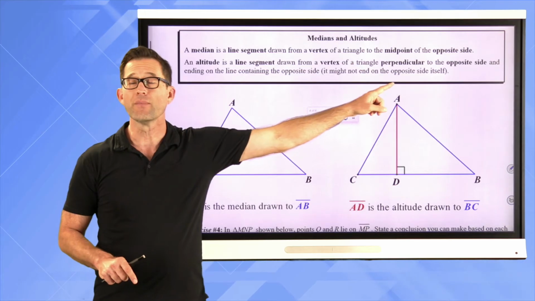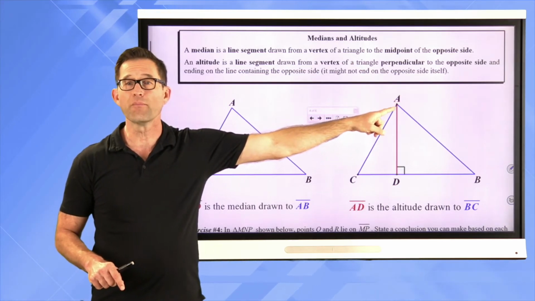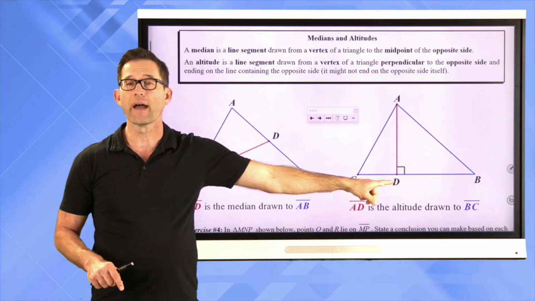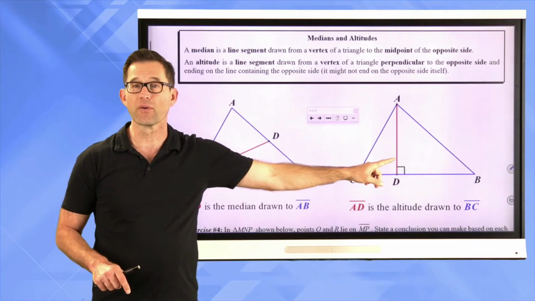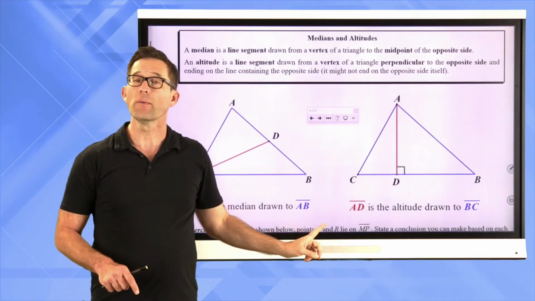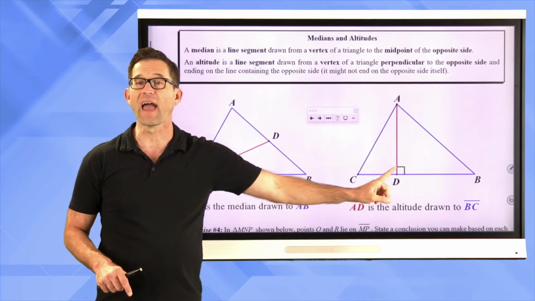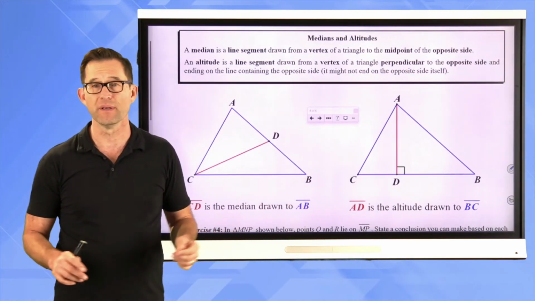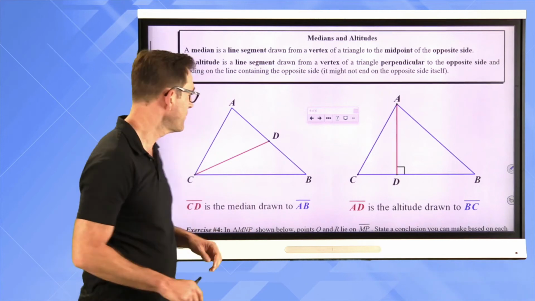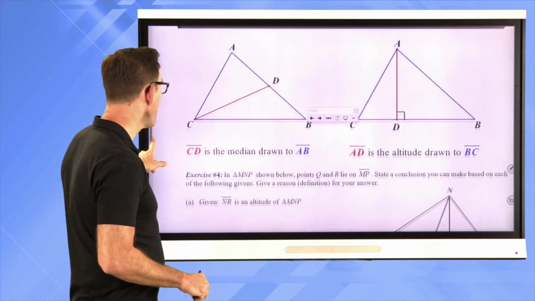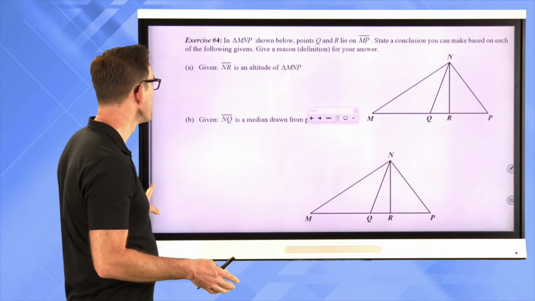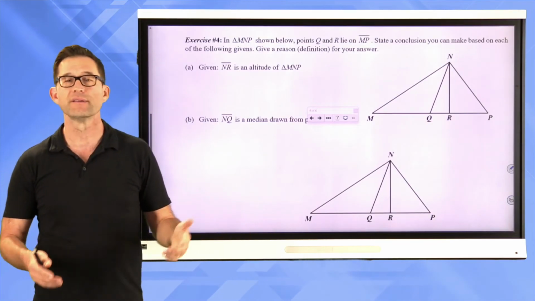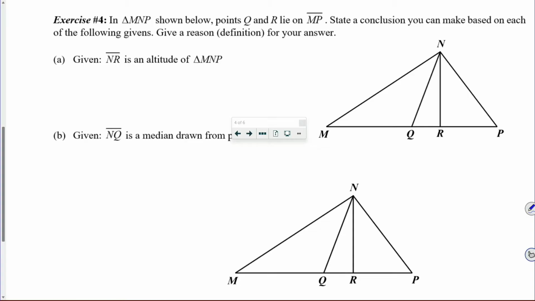So again, here, I've got a line segment drawn from point A down to side BC, and it's perpendicular to side BC. So I would say that segment AD is the altitude drawn to side BC. Okay, simple enough. Now we have to be able to use that terminology. Let's take a look at exercise number 4.